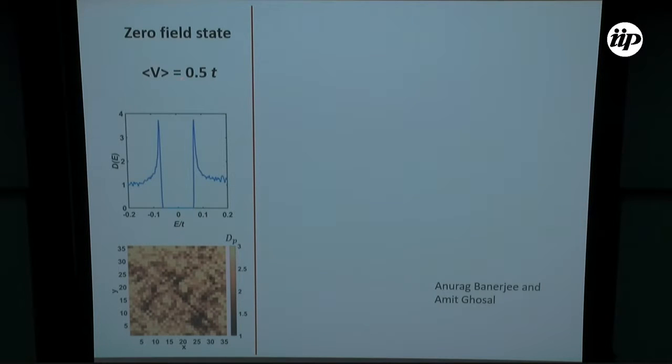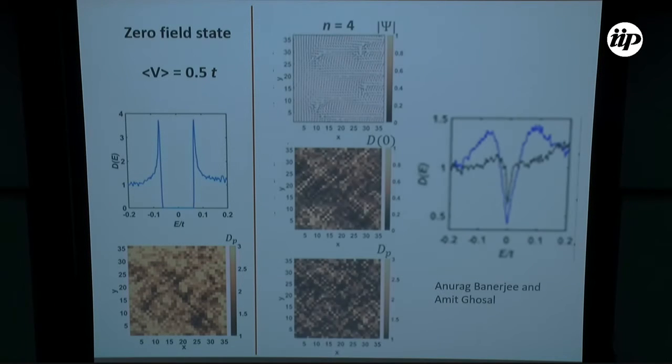For disorder, we choose a value of disorder strength which roughly corresponds to what we have in our experiment, which means that in zero field, the density of states is BCS-like, as we have in our experimental sample. And if we plot the coherence peak height map over this area of simulation, we see again that the coherence peak height is finite everywhere, but it has this variation. So it forms this patchy structure.